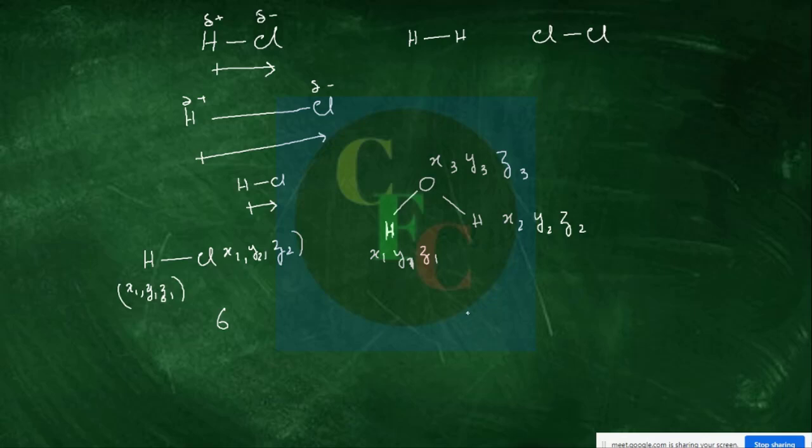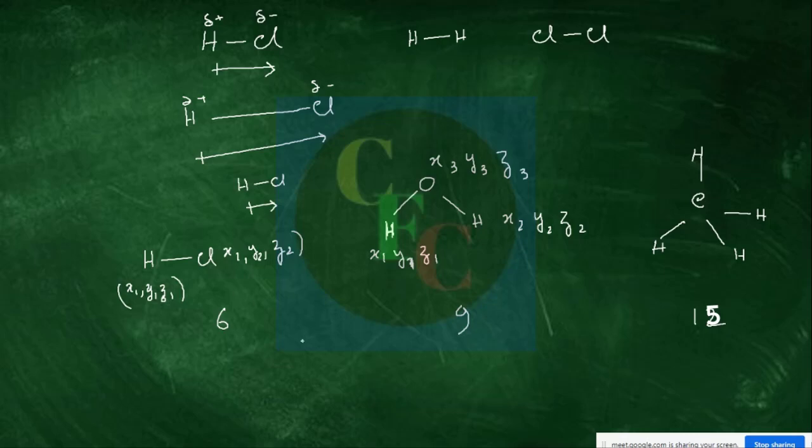So you see, 9 coordinates are required. And if you extend it to a molecule with five atoms, you can easily say you will require 15 coordinates.